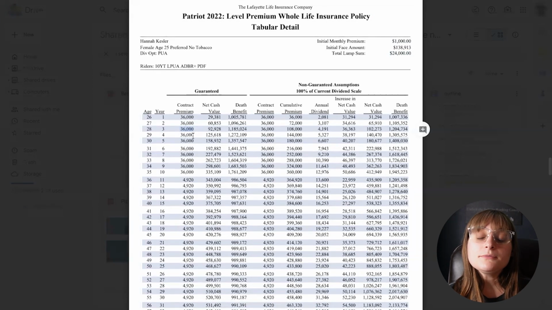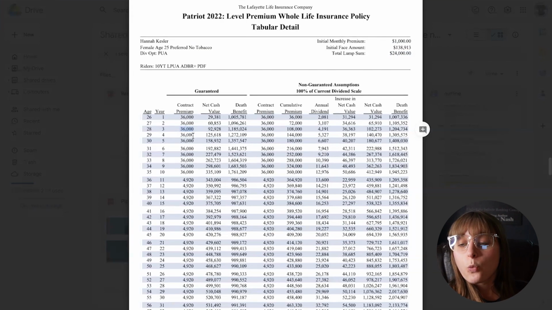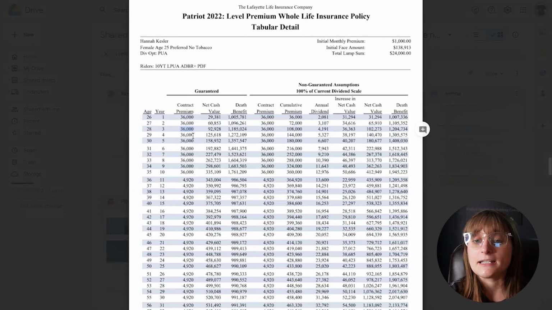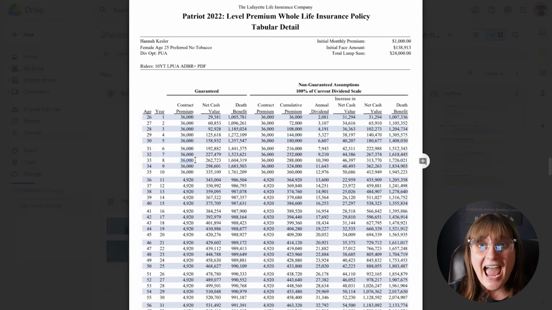So, in this example, he is able to stick in an extra $24,000 every single year inside of that policy. So that's why you see underneath contract premium, $36,000 is going in every single year. And the thing is, he doesn't have to.